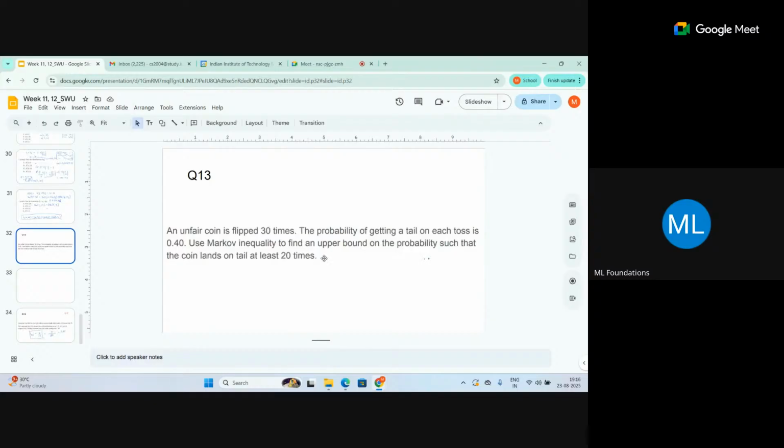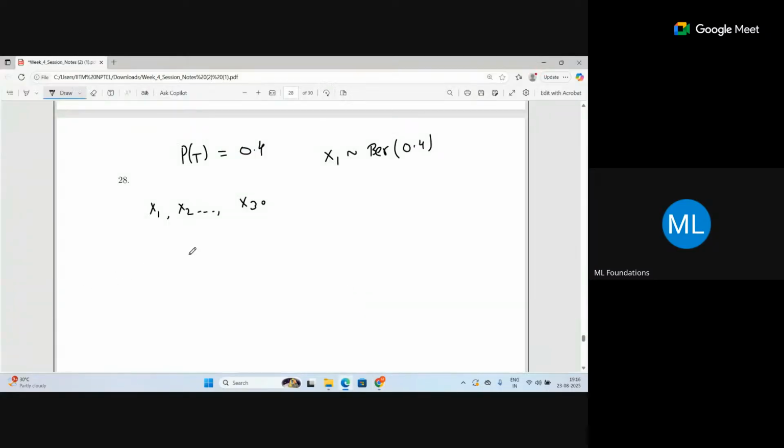Use the Markov inequality to find the upper bound on the probability that the coin lands on the tail at least 20 times. So it will be the probability that X is, or maybe I can say Y. Y is a random variable, right?